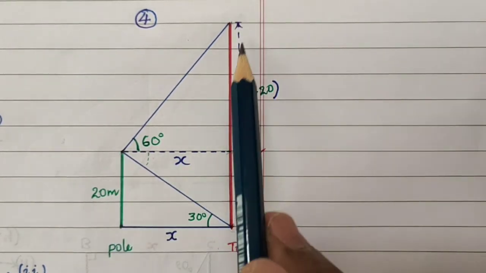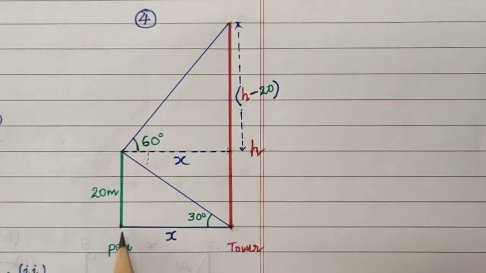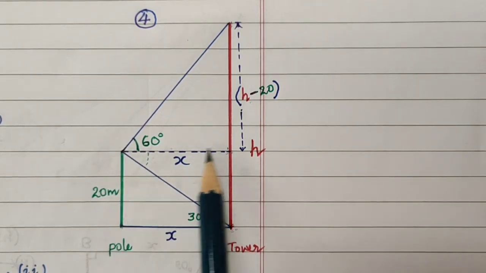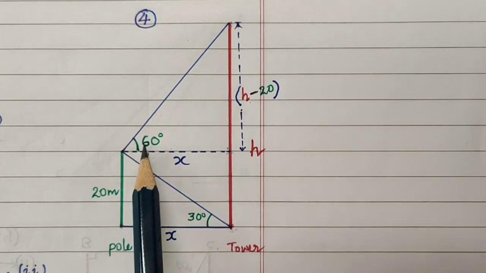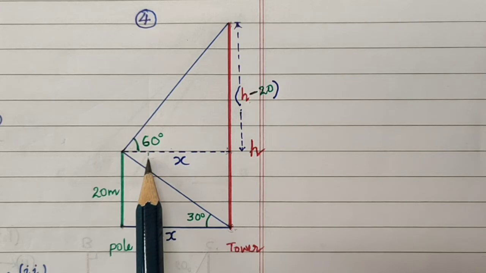Because we are going to get one triangle here, we need this side. The distance between the pole and tower, we can call it x, because these two are parallel, this is also x. And this angle they have given as 60 degrees, and this is 30.